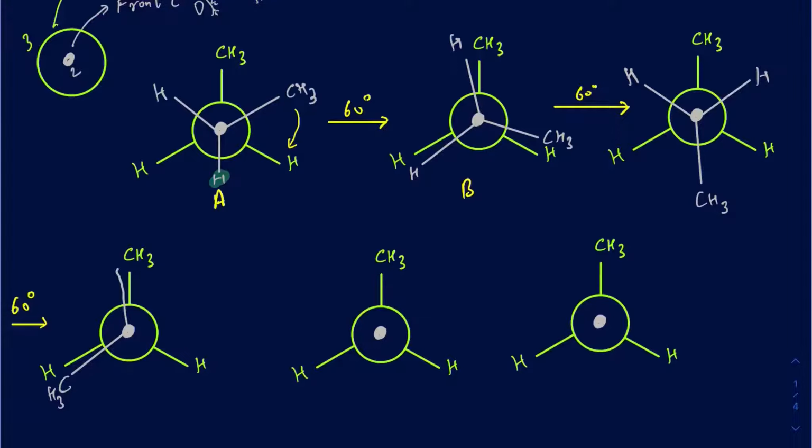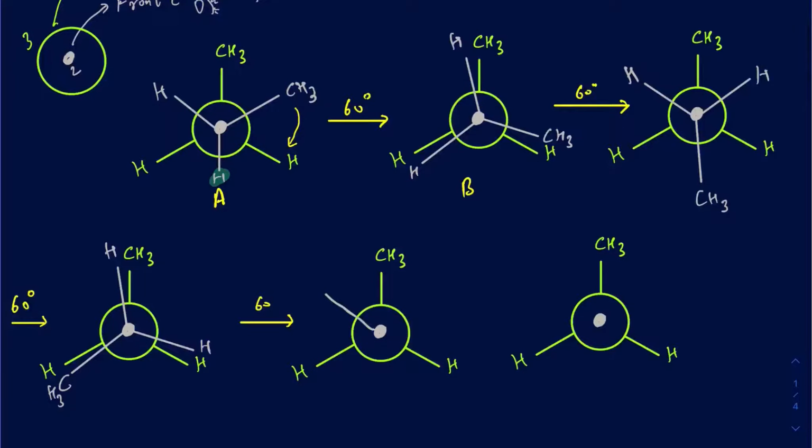Your hydrogen goes on top of that particular CH3 of the back carbon, and then your hydrogen is going to be right here. Okay, so just keep doing it, and it's probably a good idea if you can pause the session and maybe draw the other 2 conformations by rotating by 60 degrees on your own and see how they look, and then check if they match with mine. Okay, so I'm going to have the CH3 now right here.